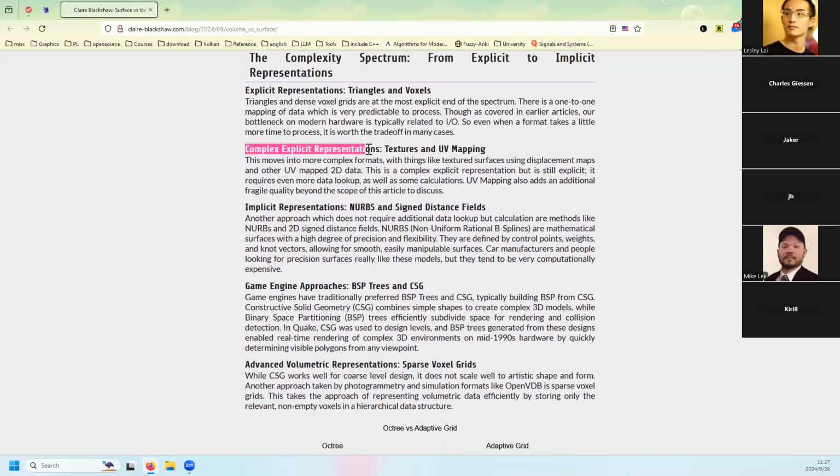Complex explicit representations, texture and UV mapping. Yeah, it's still explicit. Implicit representations are NURBS and SDFs.